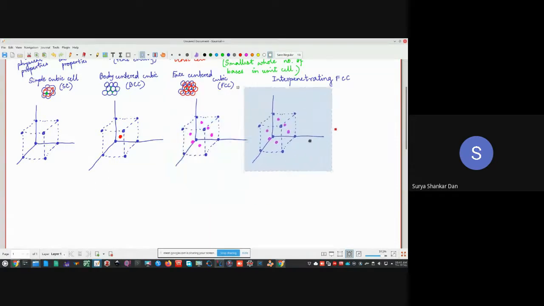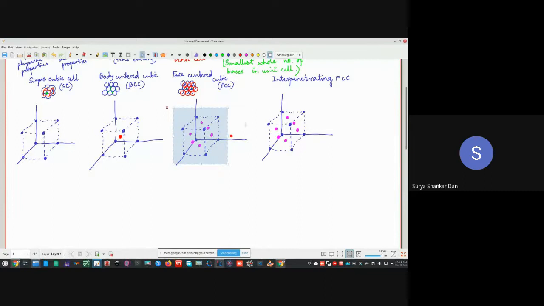Control C, Control V here. Okay, and then we are going to bring out this entire section. This is another FCC. This is another FCC. Interpenetrating FCC means push it inside this like so, okay? So let's make something more interesting.